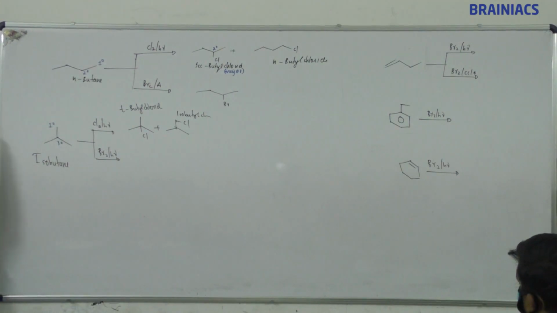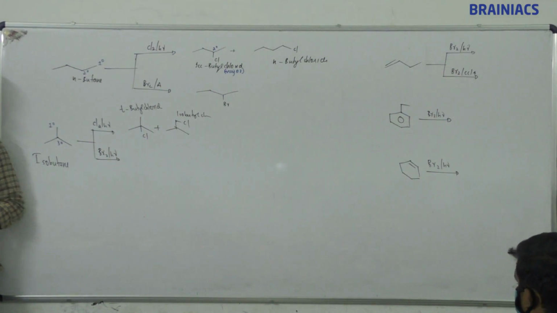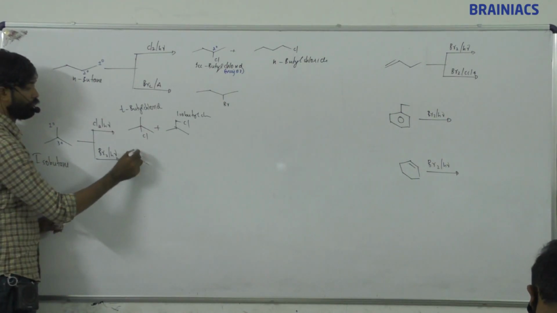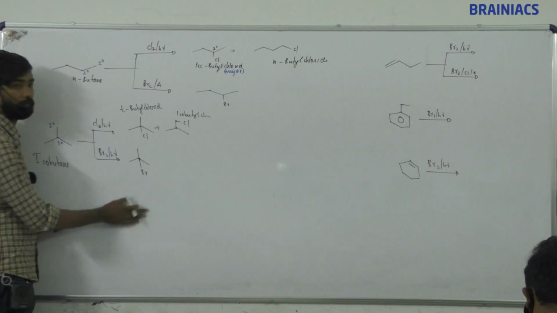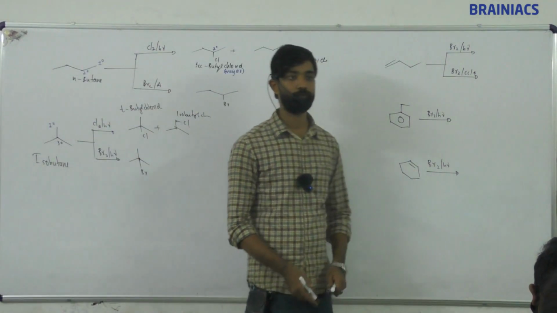Questions may be like that. Bromination of isobutane, the major product; chlorination of isobutane, the major product is tertiary butyl chloride, not isobutyl chloride. Question may ask like that, so you have to know. Here the major only, tertiary butyl, since it is bromination.